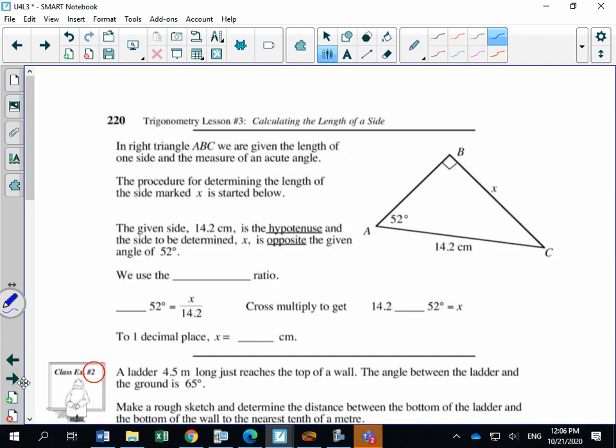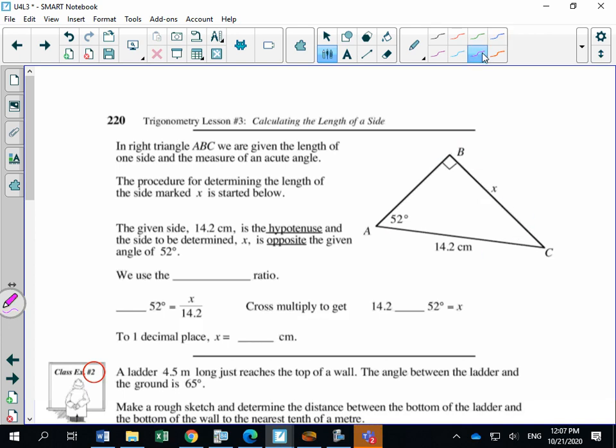Okay, flip your page. And the only thing we're going to do here is set up this triangle, because remember, we have to be able to label our triangles. So which angle do I give a set of eyeballs to between these three angles? 52 degrees.